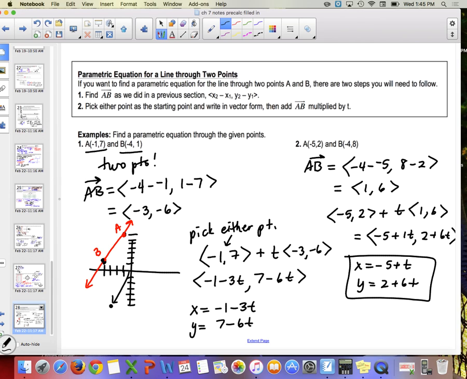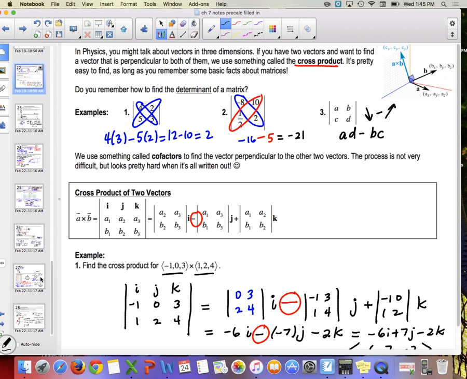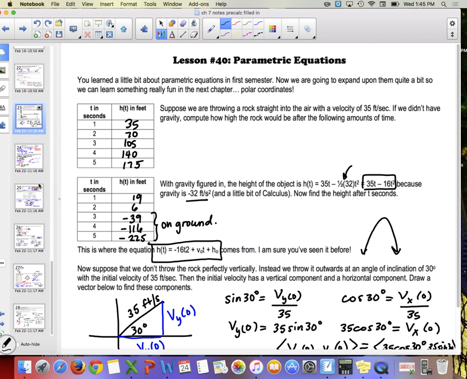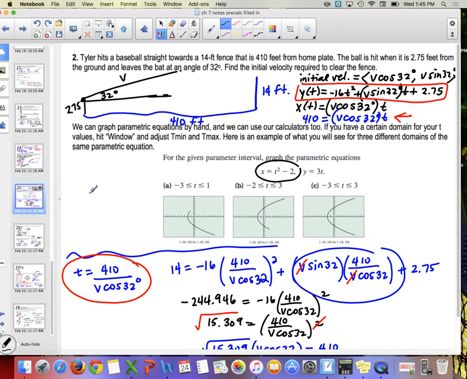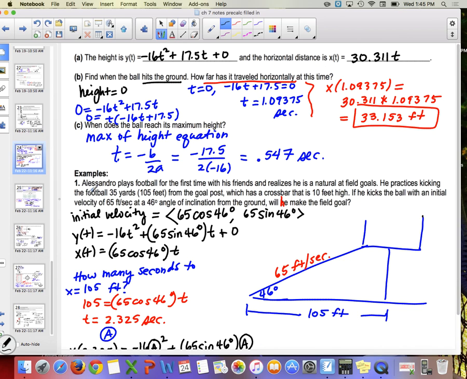All right, I realized this section was a little bit longer than what I wanted it to be. So, the different things that I would put on a test for this section. I definitely want you to know how to do the component form for velocity. I can see myself putting something like this first one on there. I won't put the second one on there. It's a lot harder than what I wanted it to be.